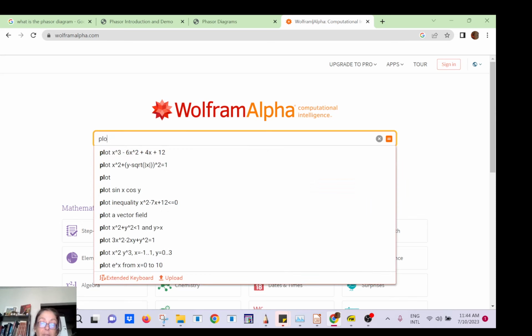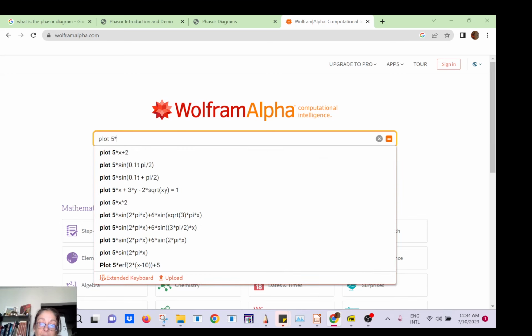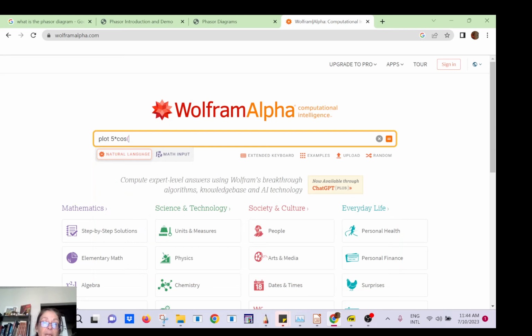Let's plot a cosine. So let's plot 5 times cosine. And when you want to plot a cosine, you always put a 2 pi here times the variable, which is the time. And I'm going to take 3 here. Let's see what I get, for t between 0 and 15.